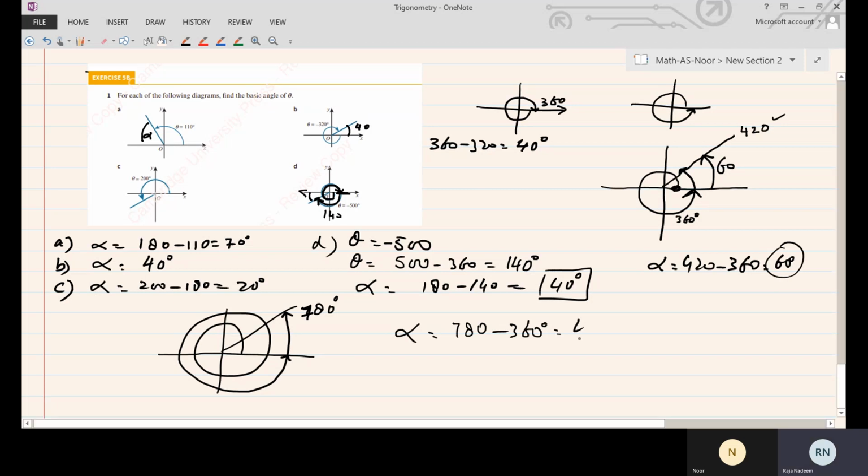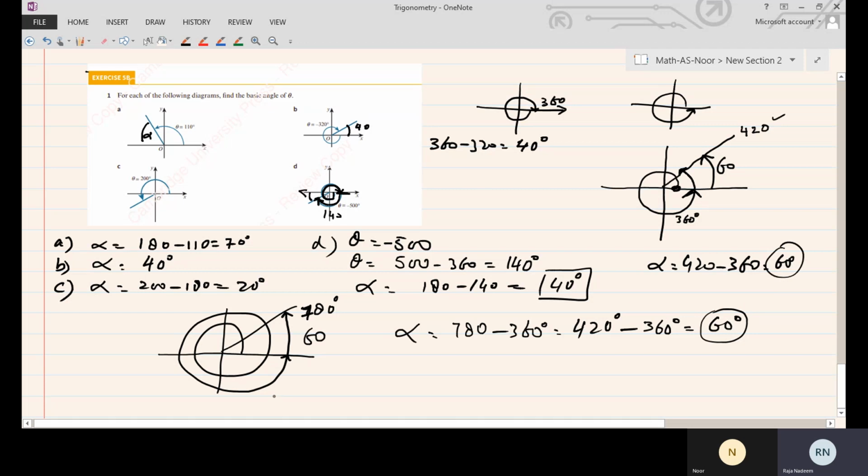It's 420. Again, this 420 is greater than 360, so we again subtract 360 from 420 to get the answer. So it is 60 degrees. Now this 60 degrees is considered an acute angle, which is in the first quadrant. So we say that alpha is equal to 60.